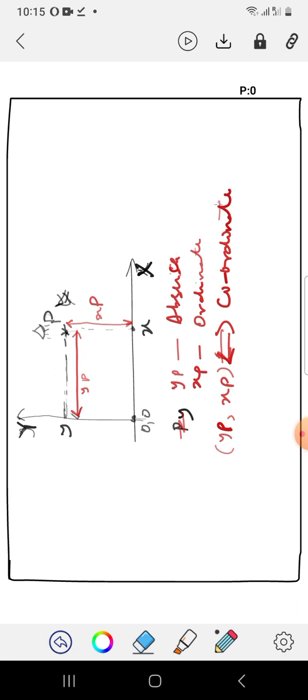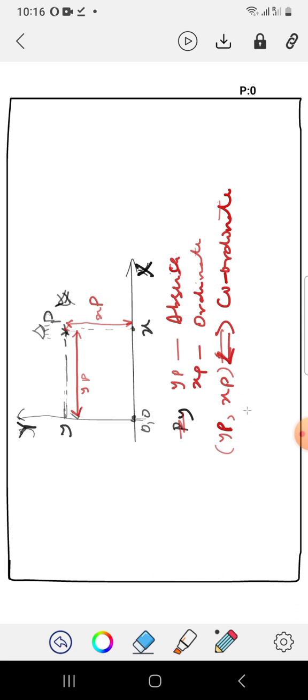All right, coordinate. That is the point that describes, I mean, it's what describes the position of a point on a plane. All right, it's what describes the position of a point on a plane.